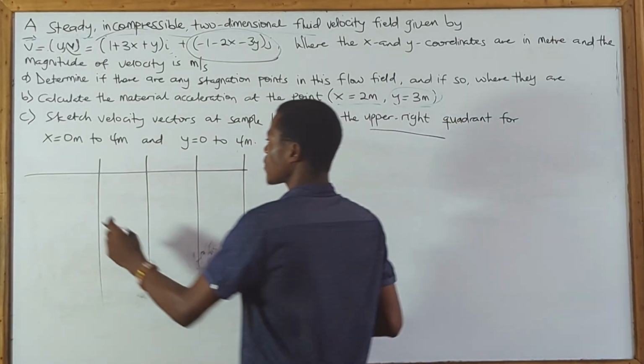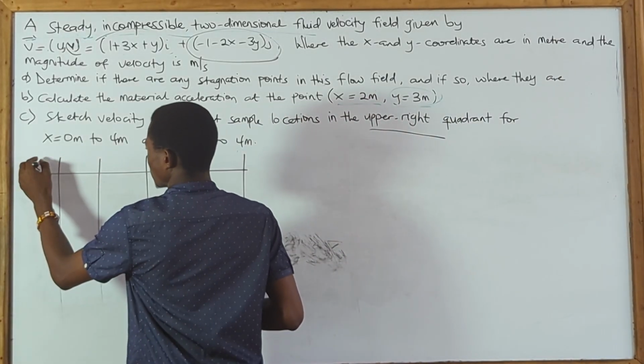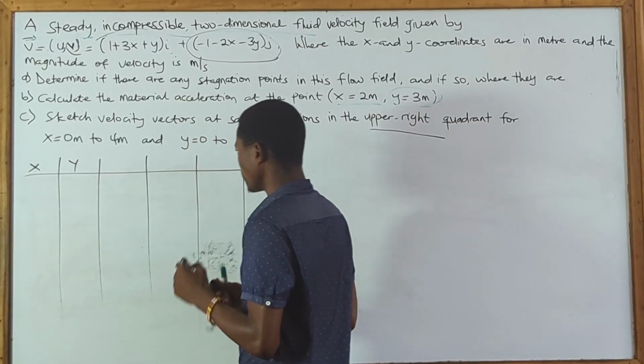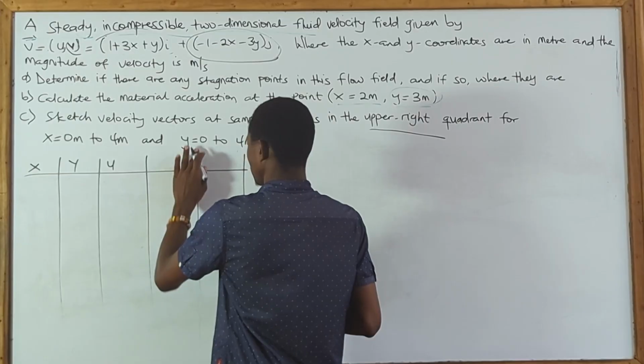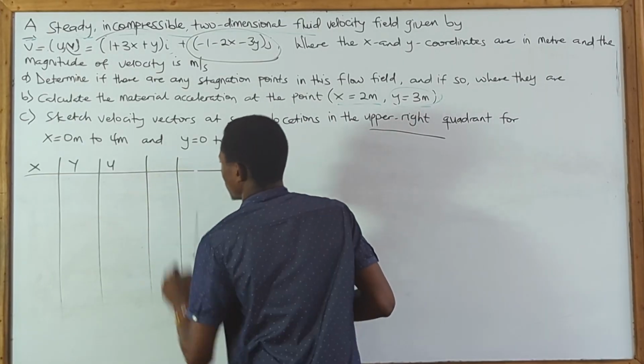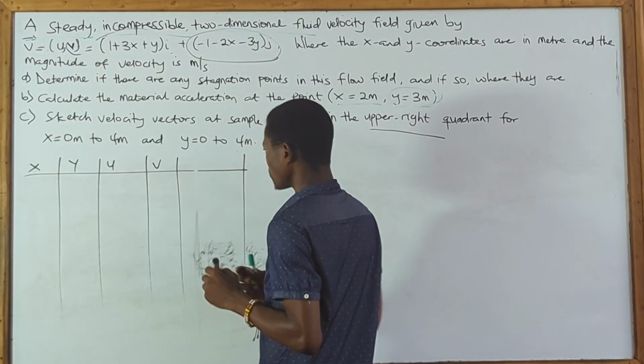So this is going to be our x, this is going to be our y, this is going to be our u, this is going to be our v.